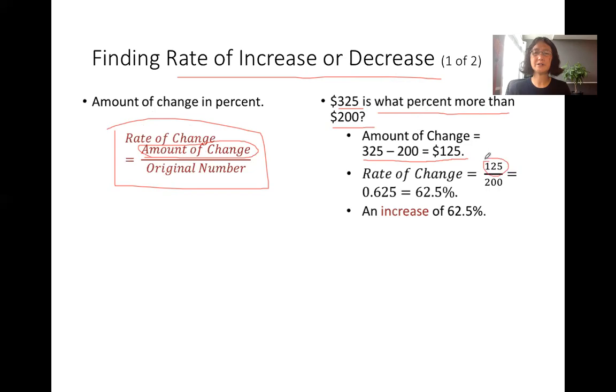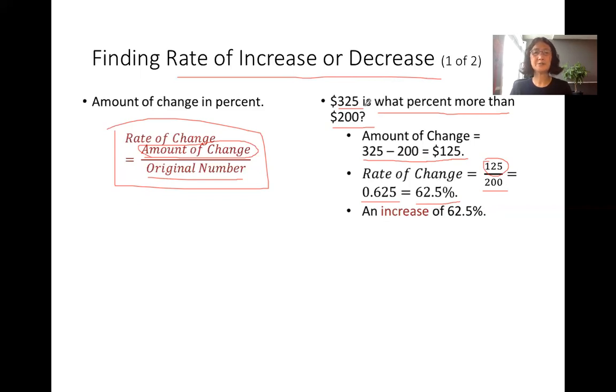On the denominator, you have the original number, $200. You do the division, and you get 0.625, 62.5%. So the answer is increased by 62.5% from $200 to $325.